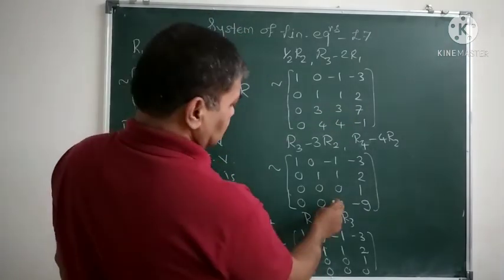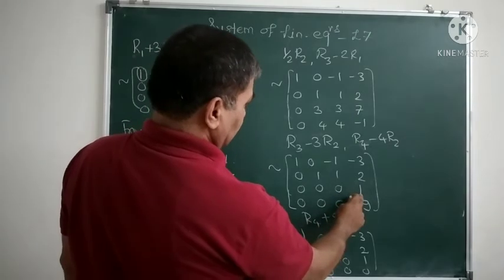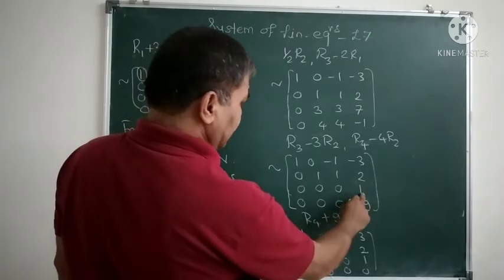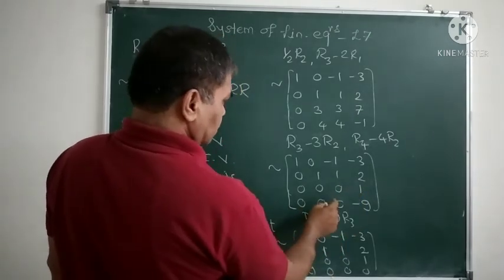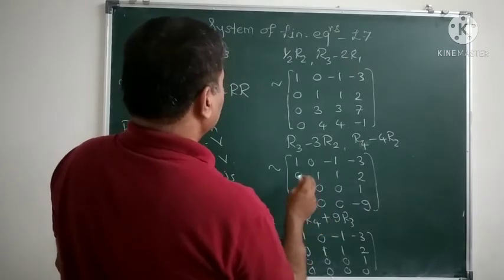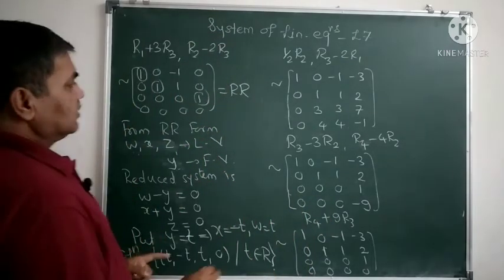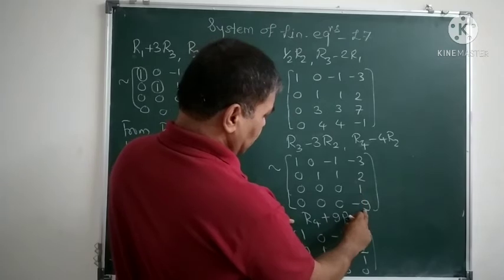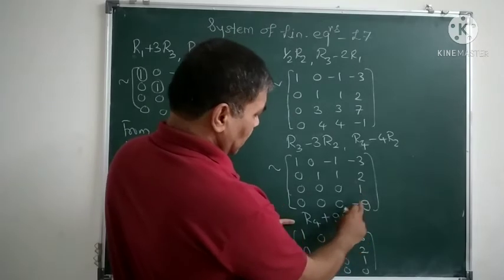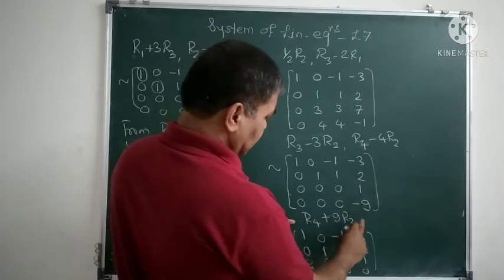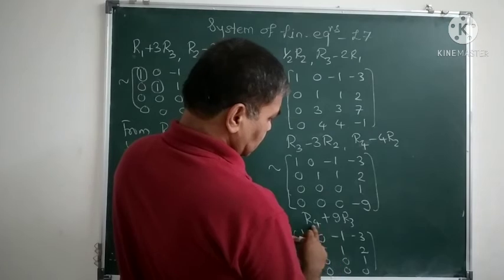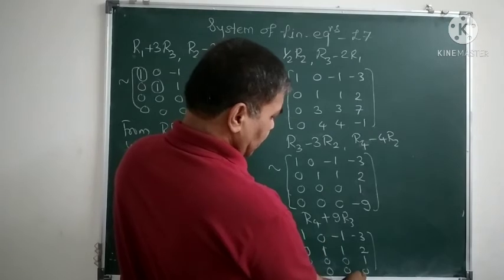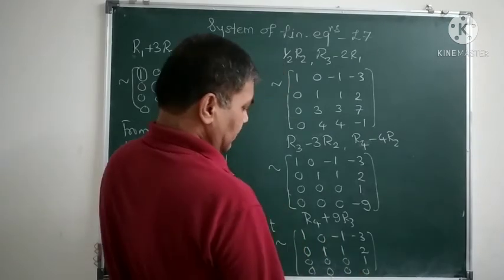Then this is your leading 1 here. By using this leading 1, we have to make the entry below it 0. So R4 plus 9 R3 gives us 0 here.